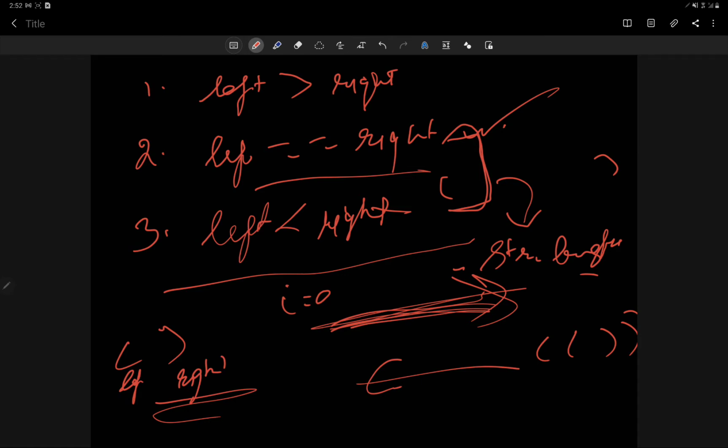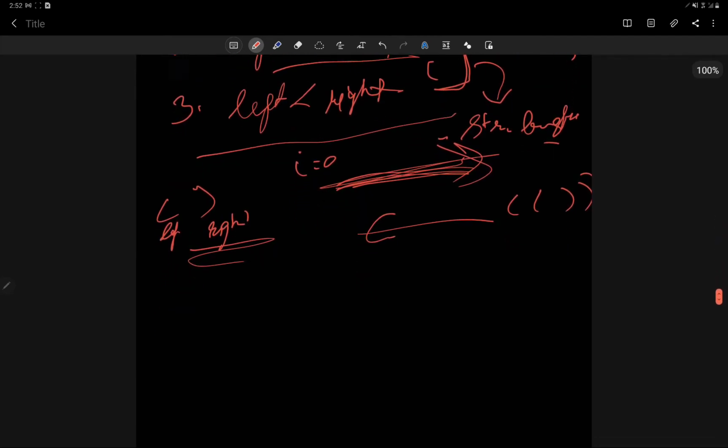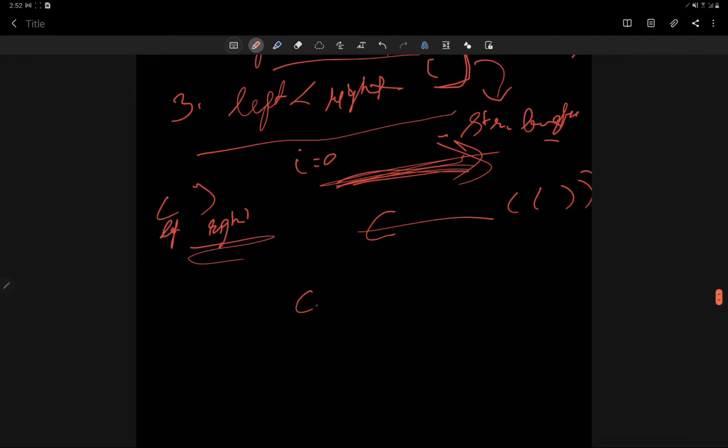We have to handle that, because if they are equal, then we say it's a match, and if the right side keeps on increasing while the left doesn't increase that much, then let's do some further analysis. Suppose this is the string. As soon as we reach here, the count of left is 2, the count of right becomes 3.